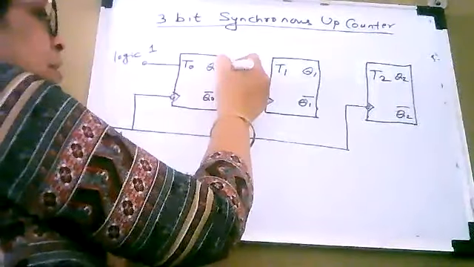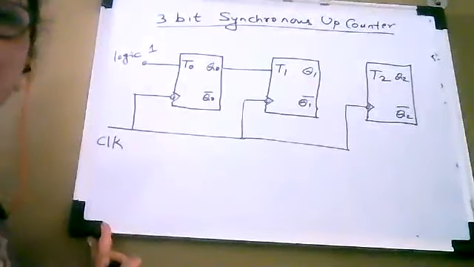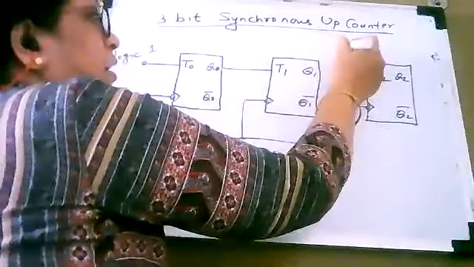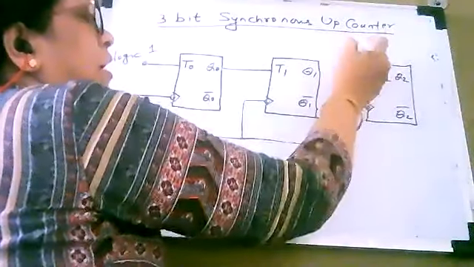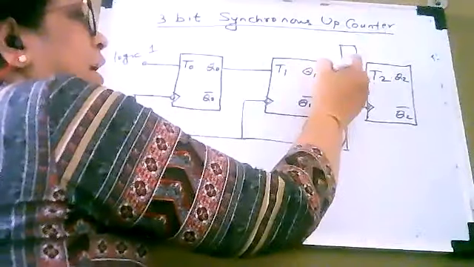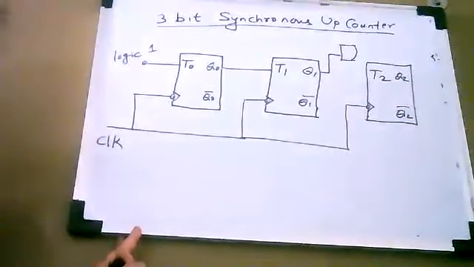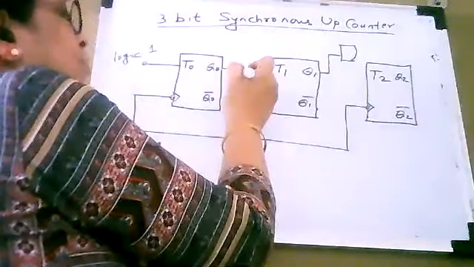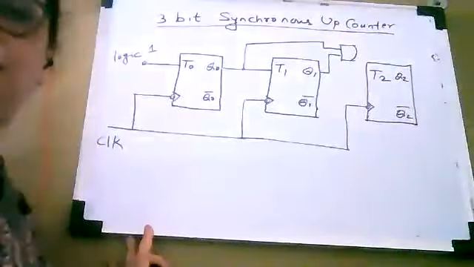Now here you can see Q0 is directly applied to T1, and here we are going to use one AND gate. Q1 is applied as input to this AND gate, and Q0 is also applied as input to this AND gate.